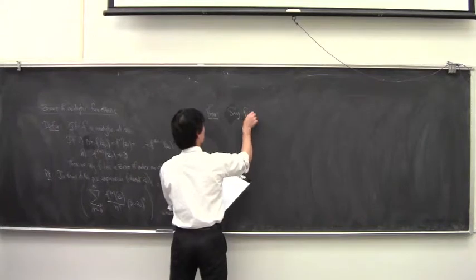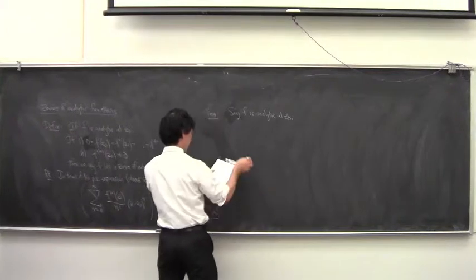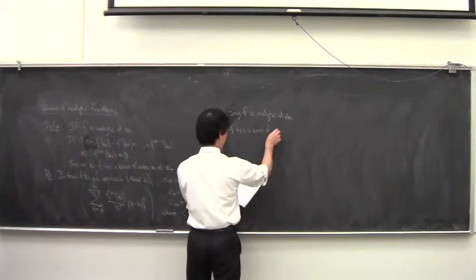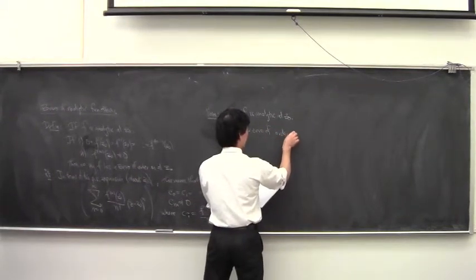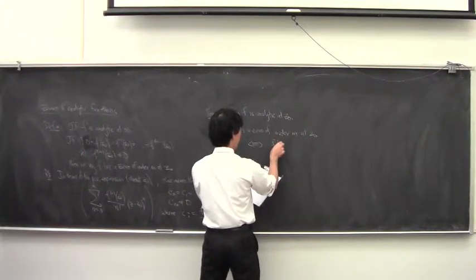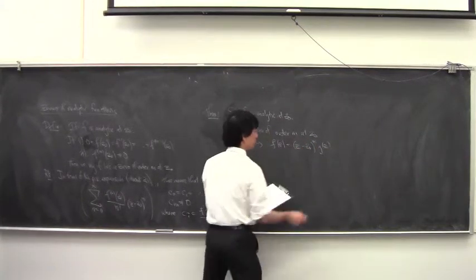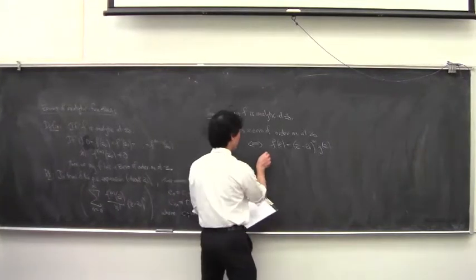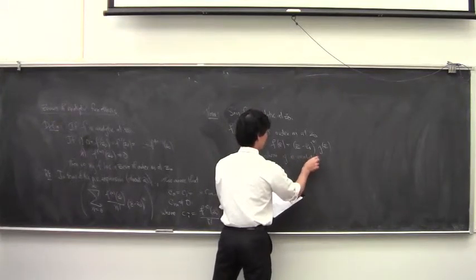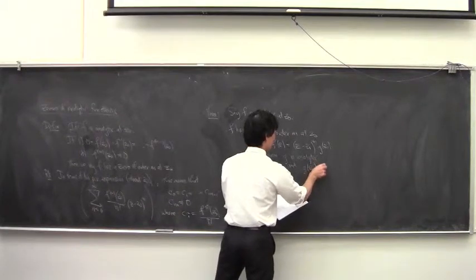Say f is analytic at z naught. f has a zero of order n at z naught if and only if f equals (z minus z naught) to the n times some function g, where g is analytic and g of z naught is non-zero.